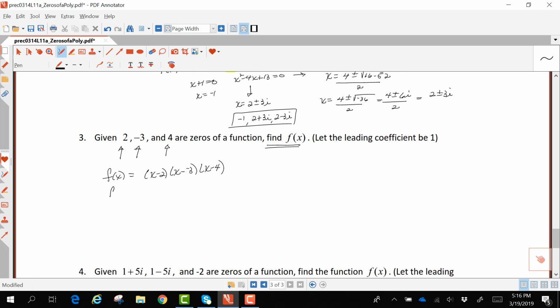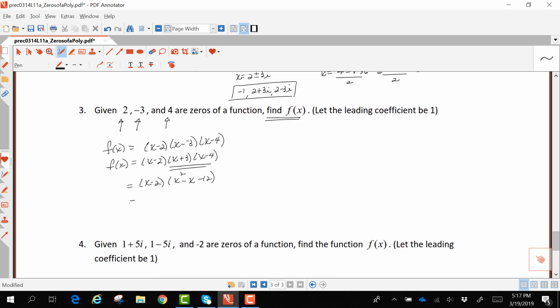Now all I need to do is some algebra to clean this up. A lot of distribution. In general, we would normally do FOIL on the second two binomials, resulting in an x squared minus x minus 12. And then we would distribute the x and the 2, which is a rather lengthy process.